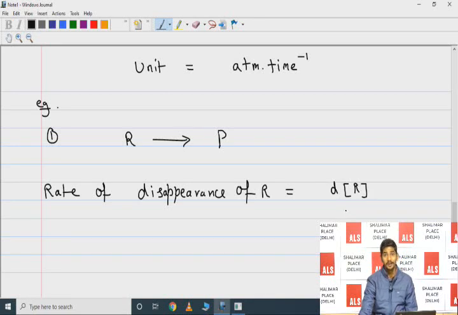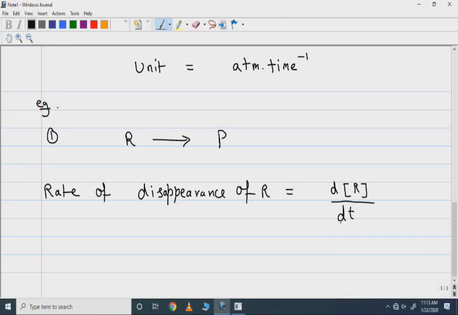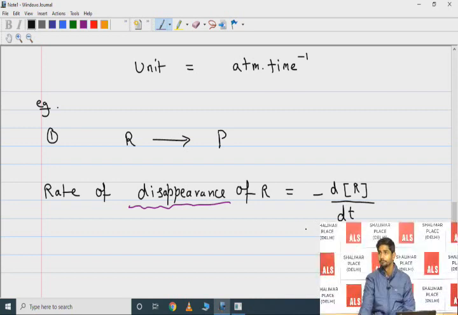Square brackets are representing the concentration. Remember, we have to put the square brackets, and this one is changing with time. So I'll put dt. Remember, D is representing the change. Now we are saying that R is disappearing. Therefore, I'll put a negative sign. This negative sign shows that it is decreasing with the passage of time.